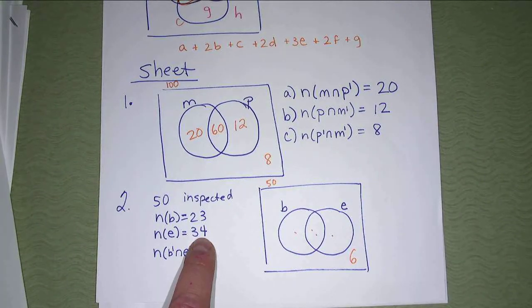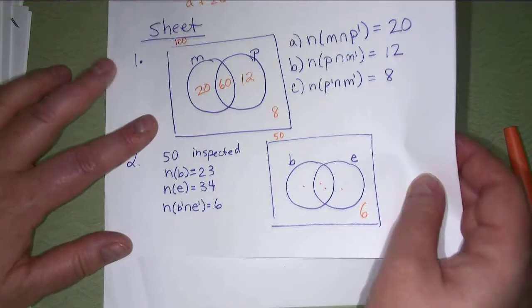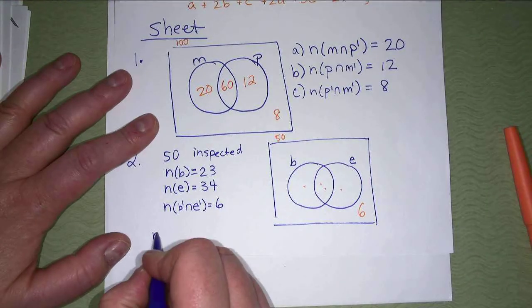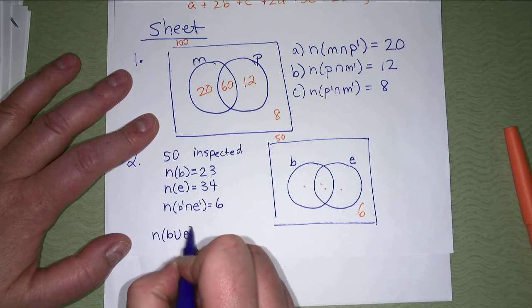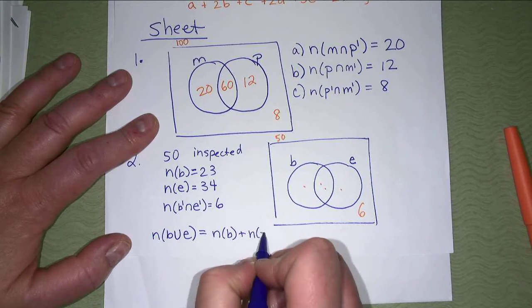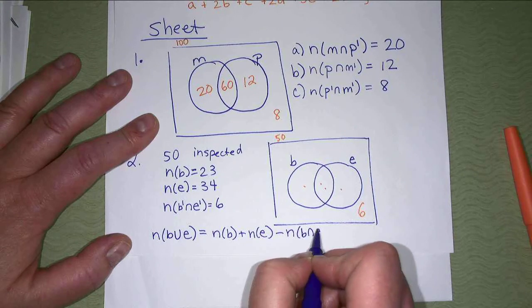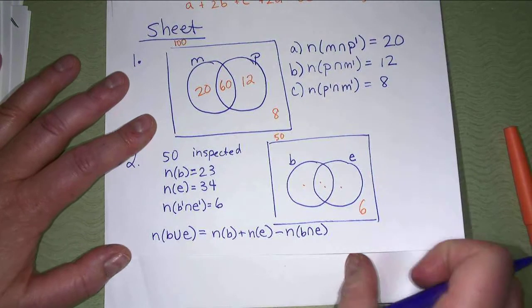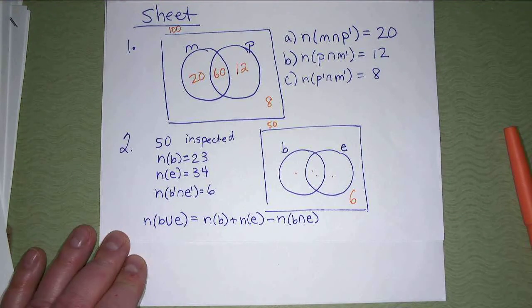So if we look at that counting principle, the counting rule, let's put B's and E's in it instead. Number in B plus the number in E minus the number in the intersection. Now we do know 3 of these.